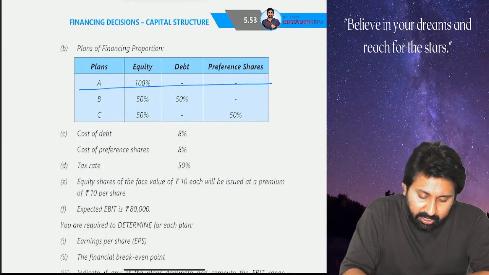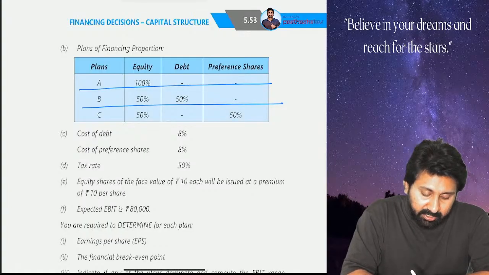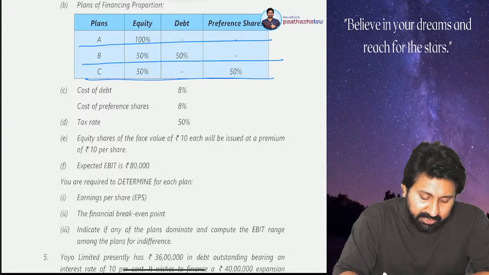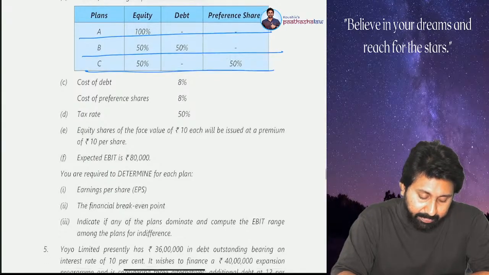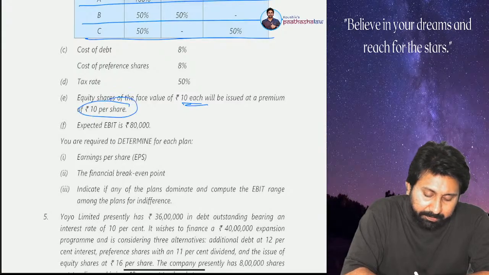First option 100% equity. Second option debt to equity. Third option preference equity. Cost of debt 8, cost of preference 8, tax rate 30%, 50%.